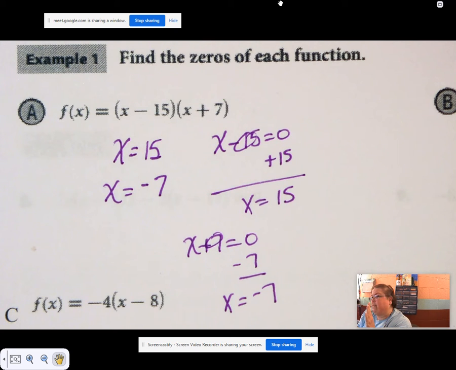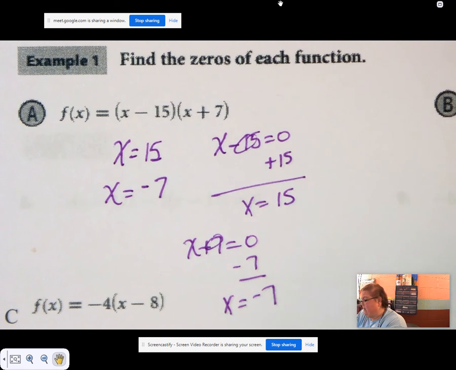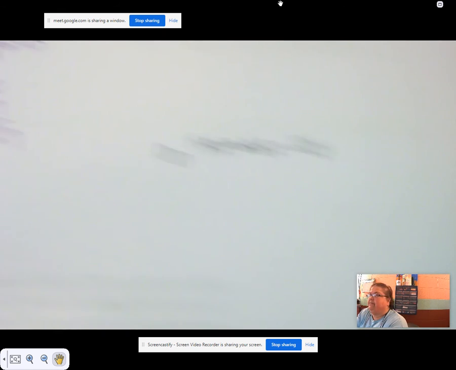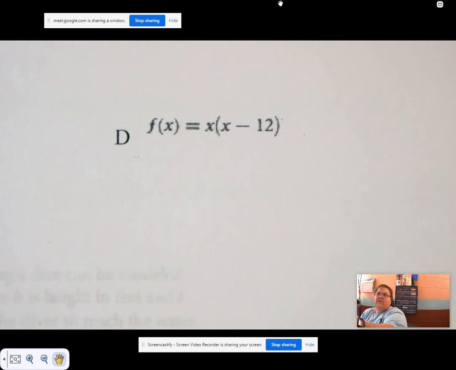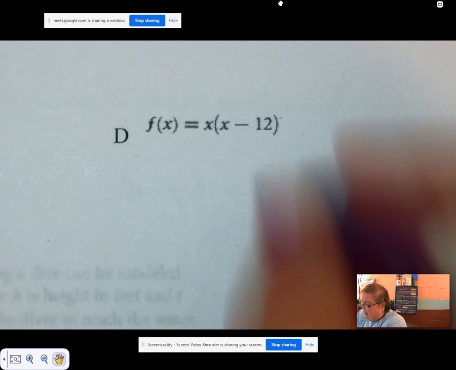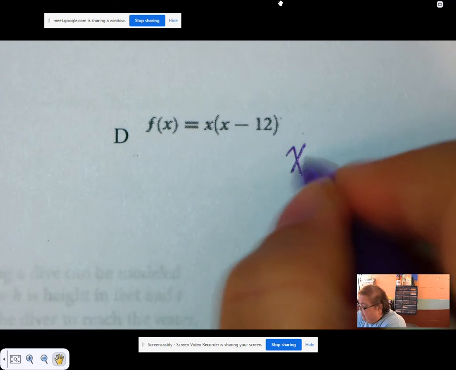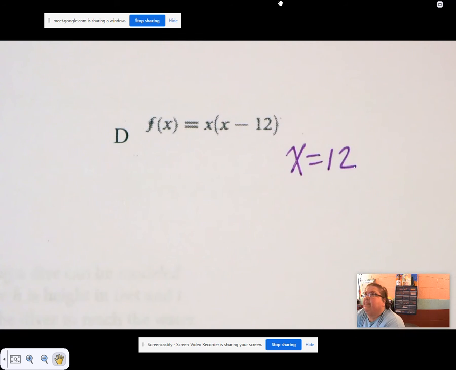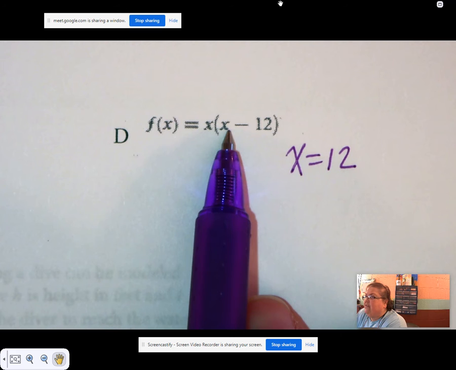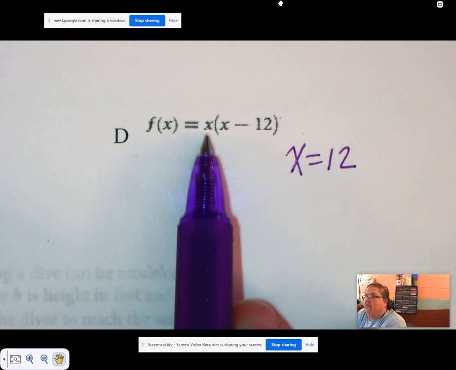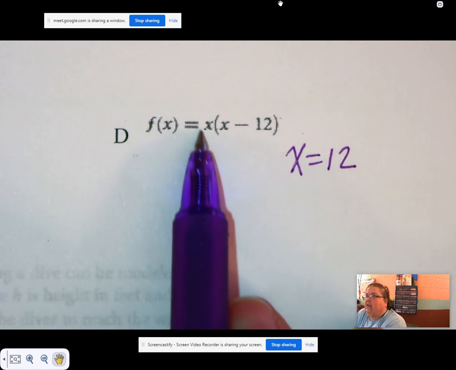Questions. The one that we really need to discuss is D. Everybody look at D. When I look at D, what would x need to be so that f of x equals 0? 12. I agree. But as I said, make sure that you have a value for every x. So that takes care of this x, but I have another one on the outside here.